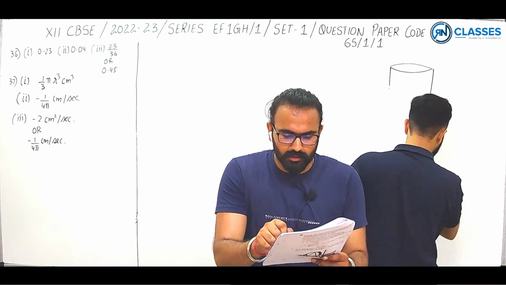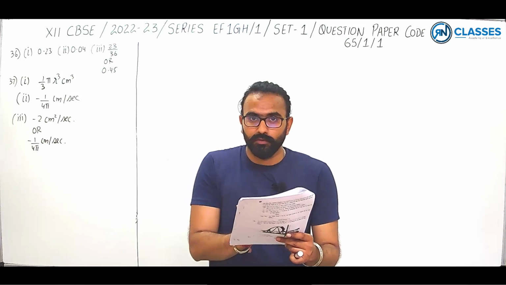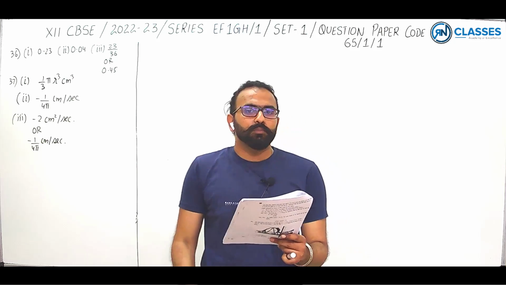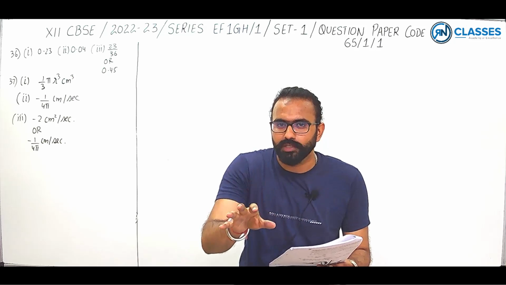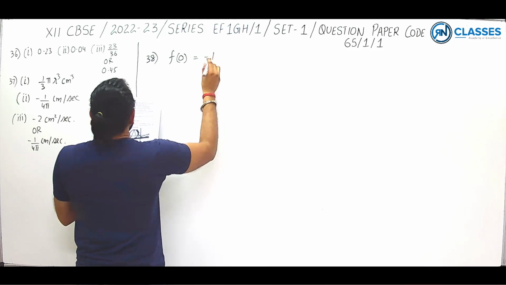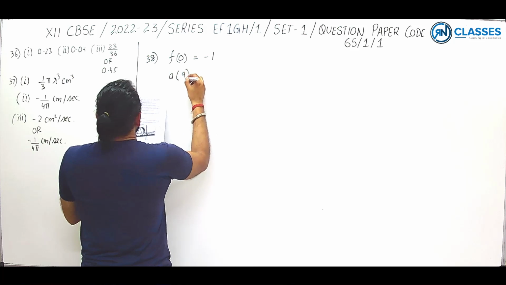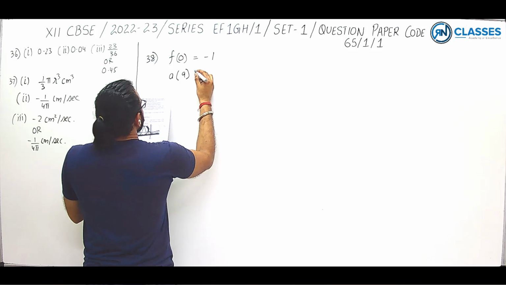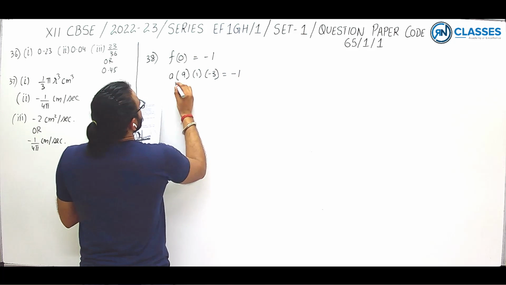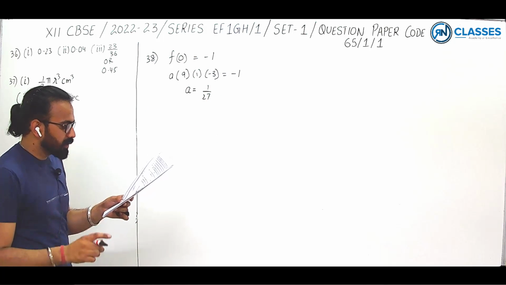Why can I find the value of a? Because the function, the polynomial, is given for the path traveled, and that path is passing through one point, that is (0, -1), meaning it lies on that curve, so it will satisfy the equation. So f of 0 is equal to -1. Putting 0 in place of x in the polynomial function, we will get a into 9 plus 0 plus 1, that is 1, and 0 minus 3, that is -3, which equals -1, and on simplifying this condition we will get the value of a as 1/27.